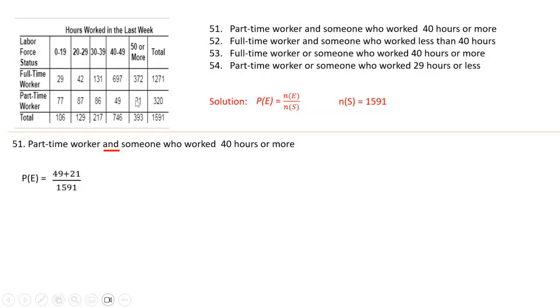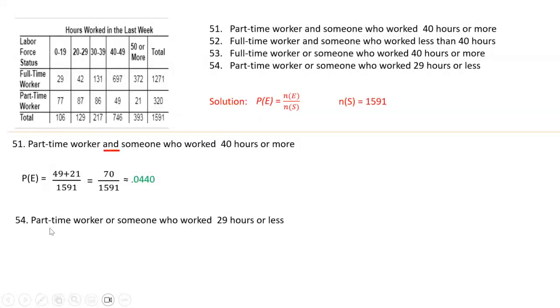So it's going to be 49 plus 21 because the first thing we're looking at are part-time workers, and then who worked 40 hours or more. It's going to be this column here, which will be 49 because this column is work 40 to 49 hours. And the 21 means work 50 hours or more. So 40 hours or more is 49 plus 21, which is 70 over the sample space. So it's going to be 0.0440.